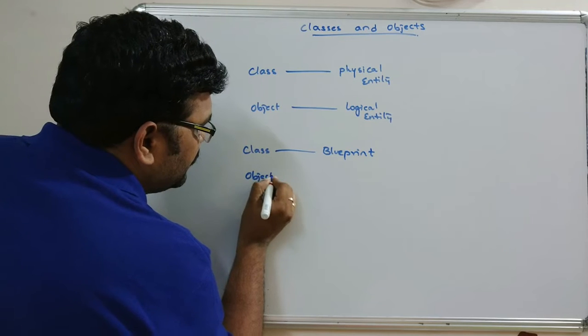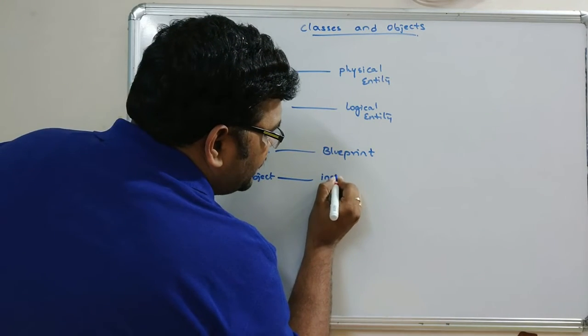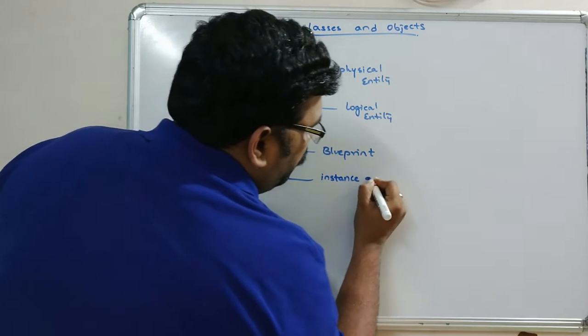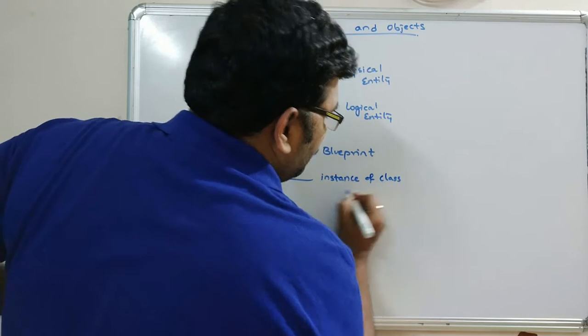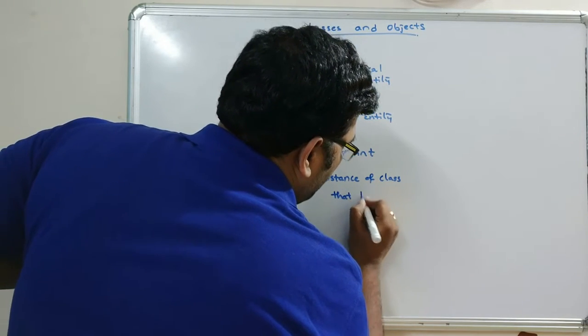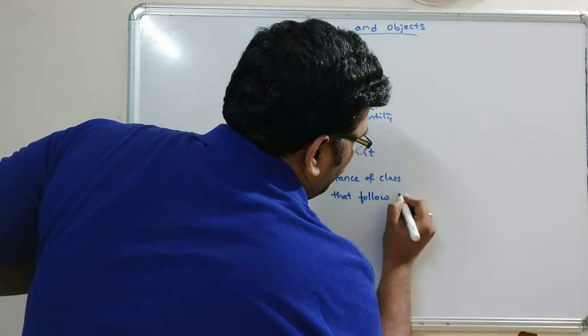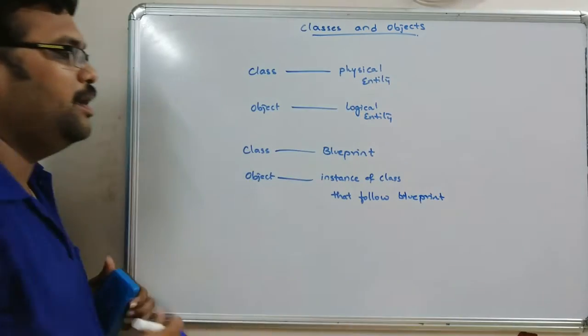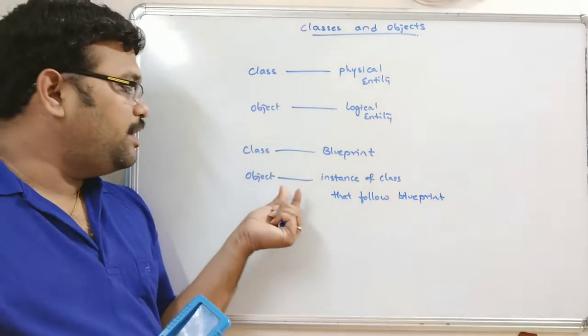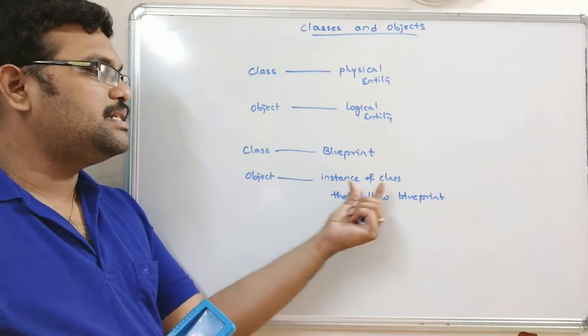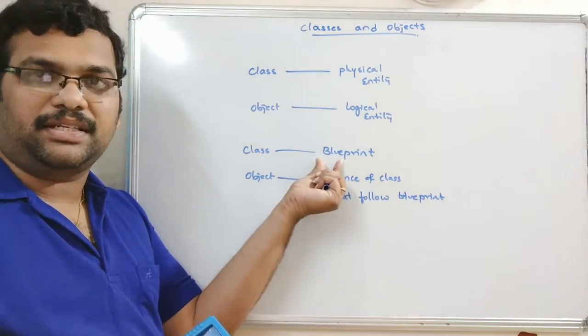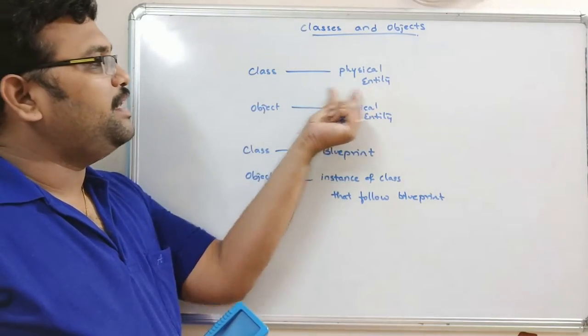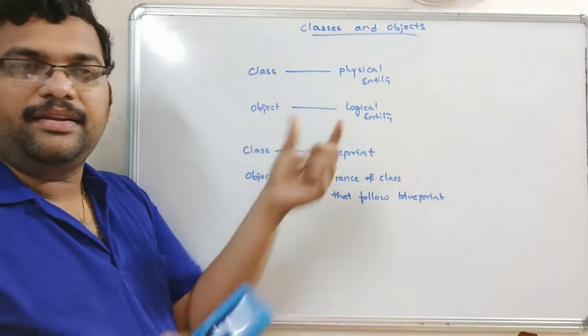An object is an instance of a class that follows the blueprint. So a class is a structure and an object is an instance of the class which follows that structure. Class is a physical entity, object is a logical entity.